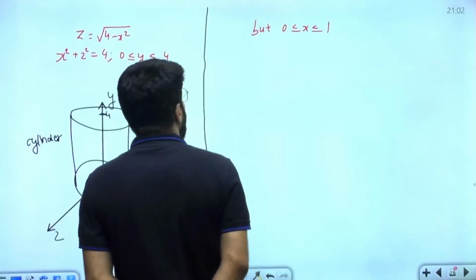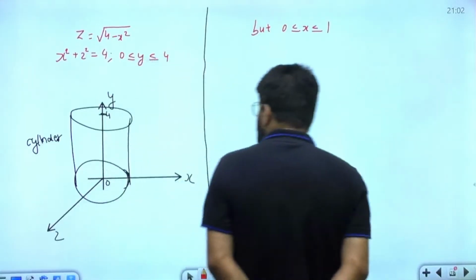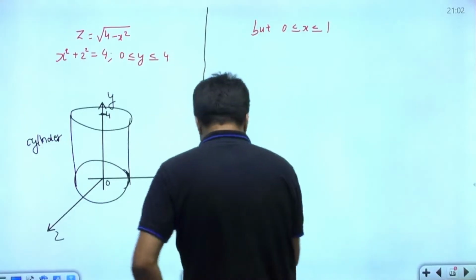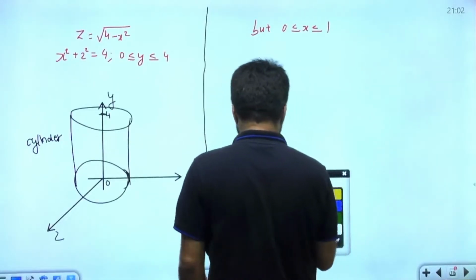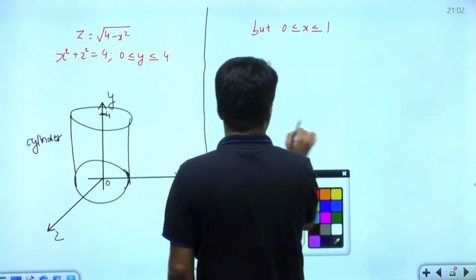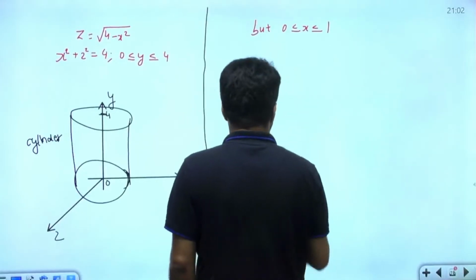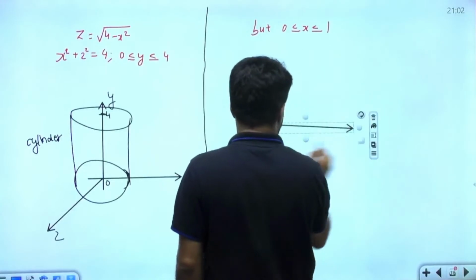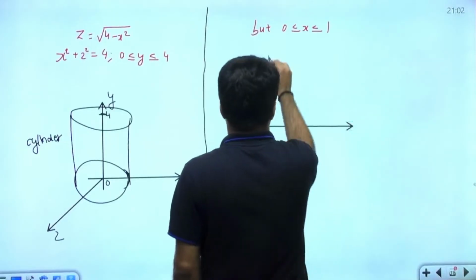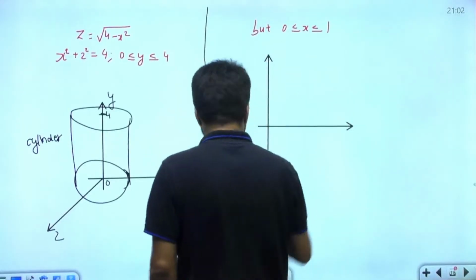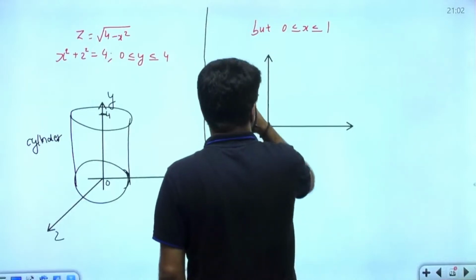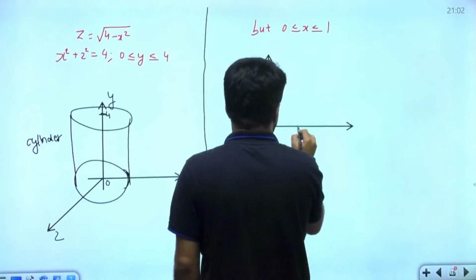What will I do? Let me create the x-axis here just to explain. Suppose you consider the xz plane only. There is a circle in the xz plane, and x is only 0 to 1.